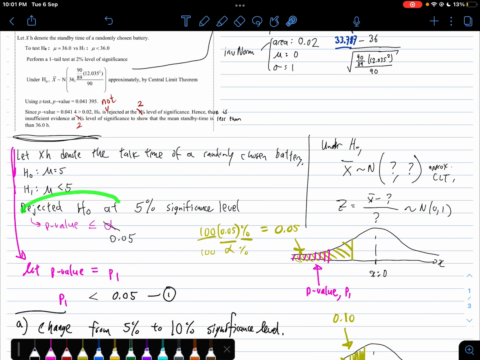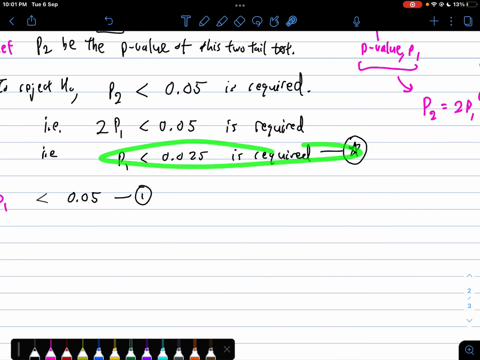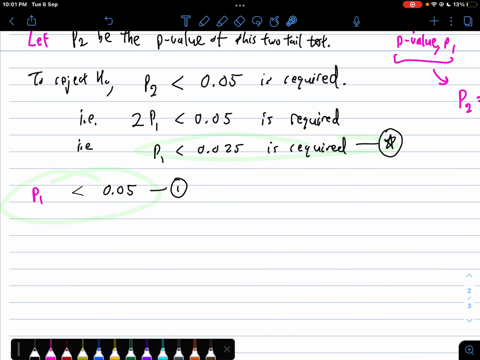That we reject H0 at the 5% significance level when we were doing this one-tail test, comparing mu less than 5. And then we reach this true conclusion that P1 less than 0.05. So now we have to compare this requirement, the star, versus this equation 1, the truth. This is a true statement.